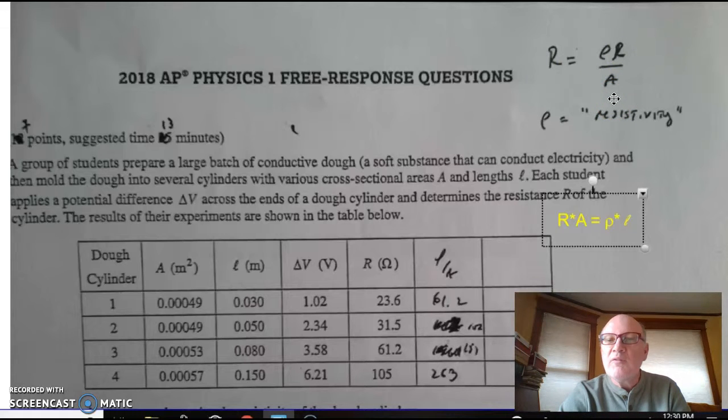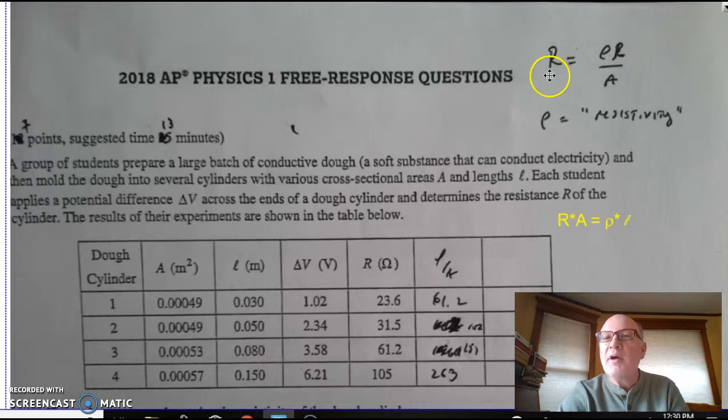Okay, so relatively straightforward, if a little bit unusual or unfamiliar, but it's a good example of just reading through the problem carefully and understanding exactly what you're being asked for.